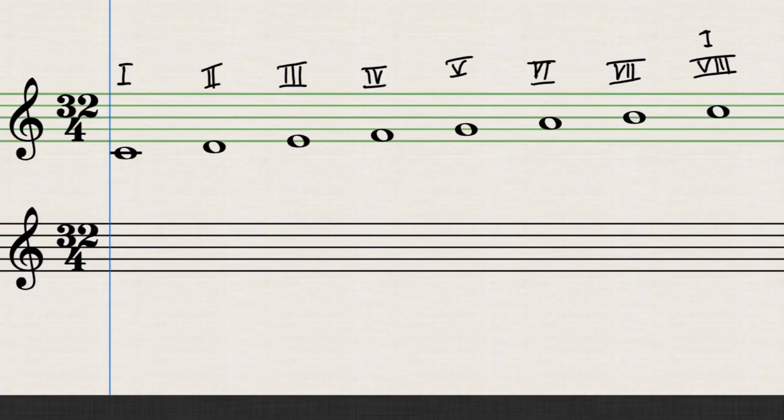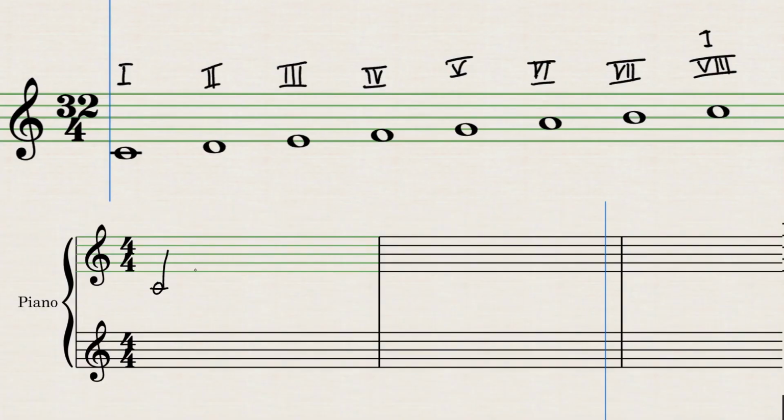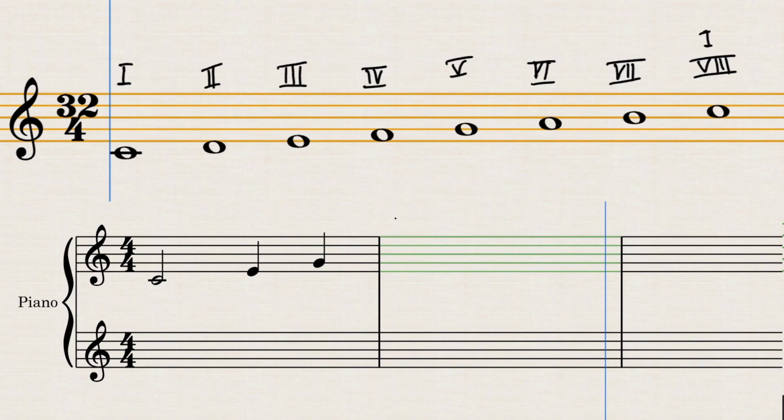I choose the first degree of the scale, writing it down. Then I would write down the 3rd degree, which is Mi. Then the 5th degree of our scale, which is Sol or G. Then the 7th degree here, and then I put the 1st or 8th, and then again the 2nd degree, and then I finish with the root again.